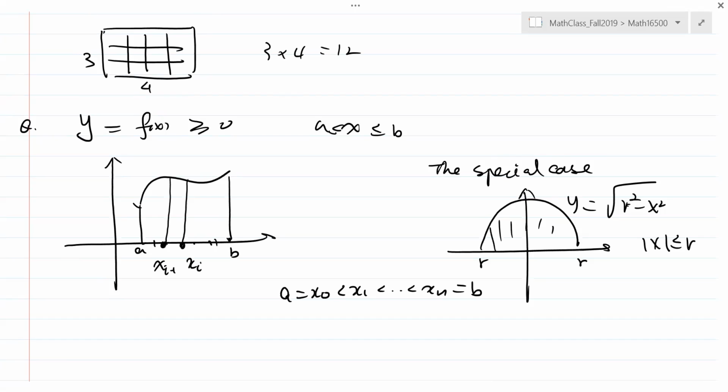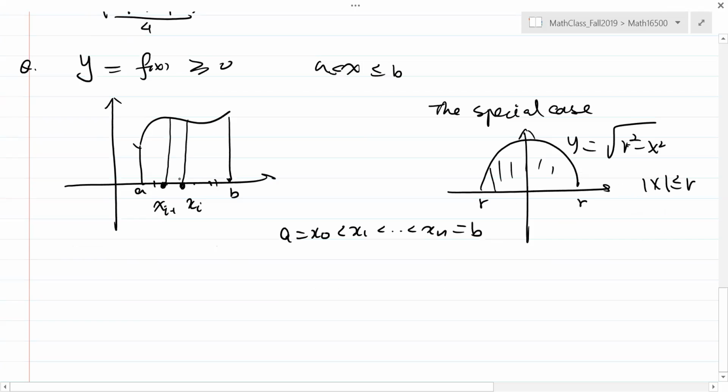And I'm going to estimate this area. What I'm going to do is pick an arbitrary point, which we call xi star, and look at the value of f there. So you get a rectangle, and you look at the area of this rectangle. The base is going to be delta xi, which is xi minus x(i-1), the size of the subinterval.